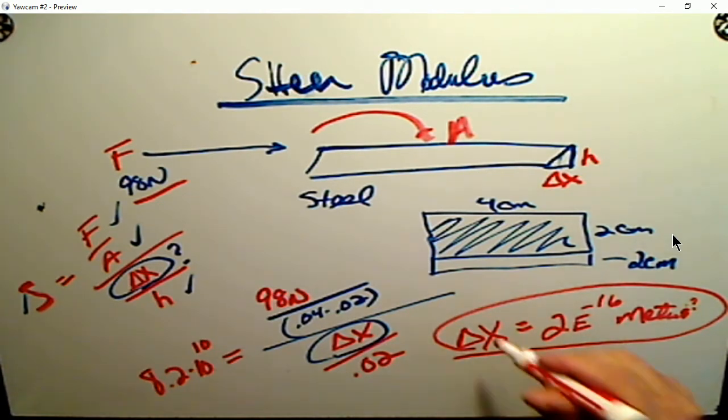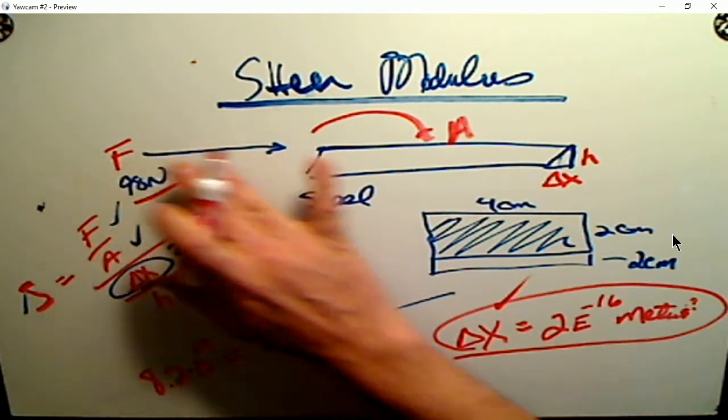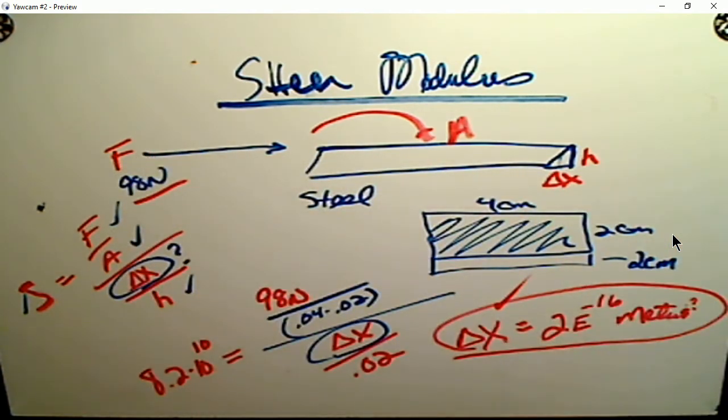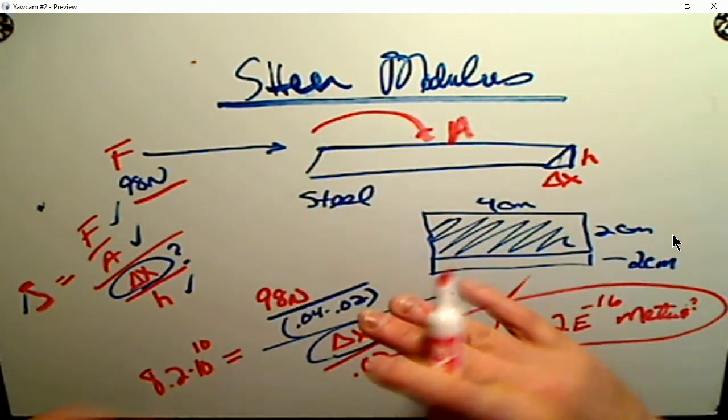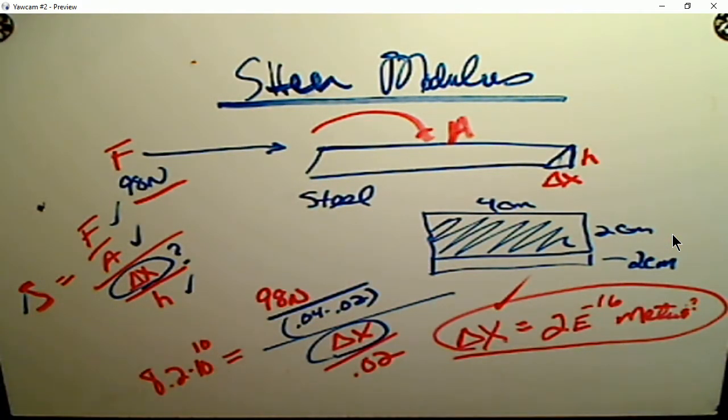It's not going to cause much deformation of the material. So 98 newtons of force tangentially, as I'm pressing down and pushing on it sideways, isn't going to cause much problem here on steel.